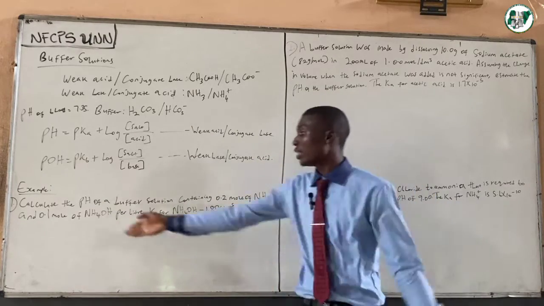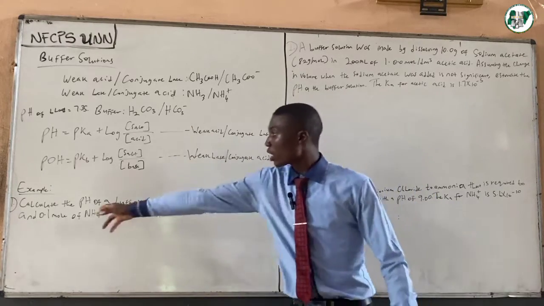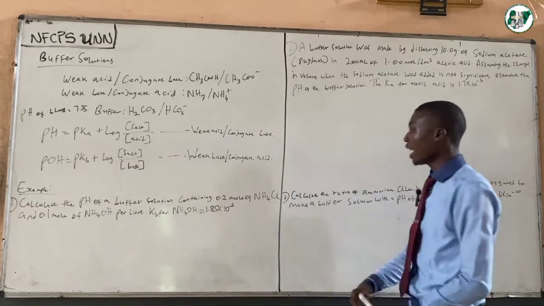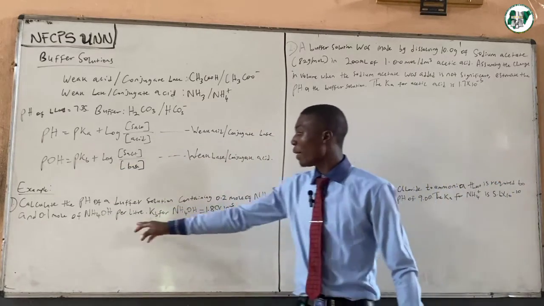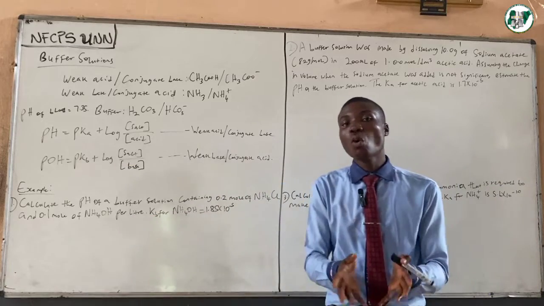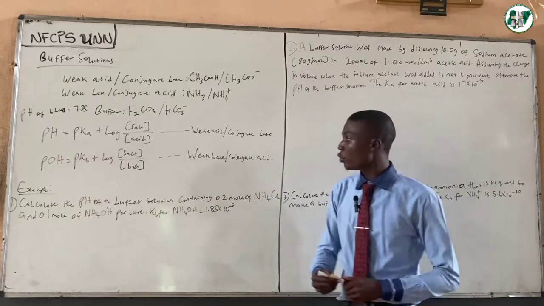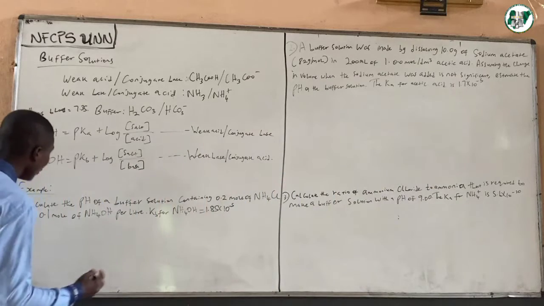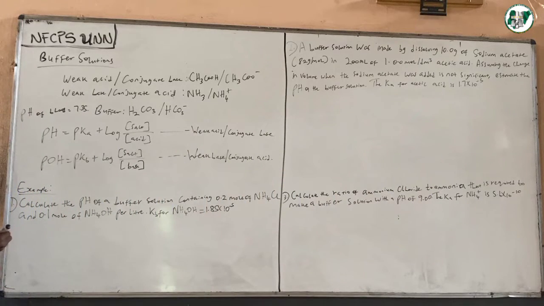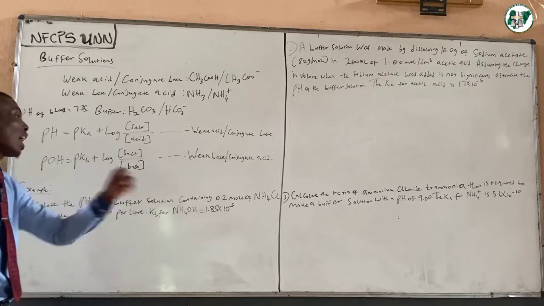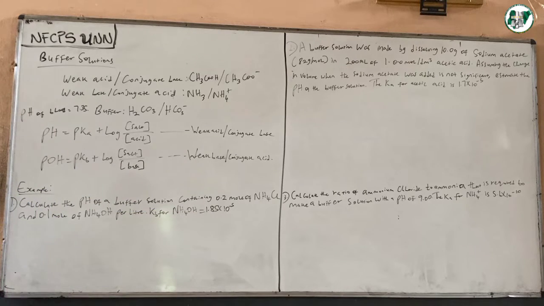So this is the salt and this is the base. What we're going to use for calculating this is this particular formula. They already told you 0.2 mole per liter, that's 0.2 mol/dm³, and 0.1 mole per liter, that's 0.1 mol/dm³. Let us solve this quickly without wasting so much time. They also gave us the Kb, the dissociation constant of the base, as 1.85 times 10 to the power of minus 5.